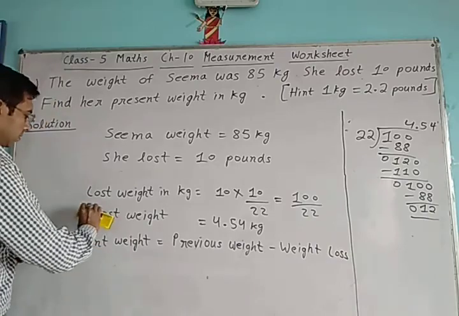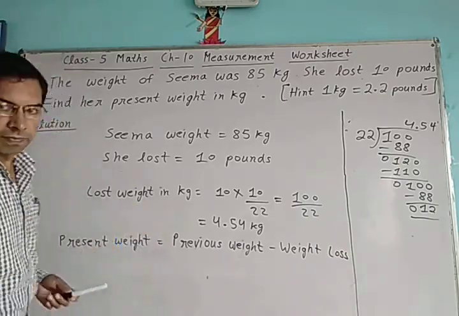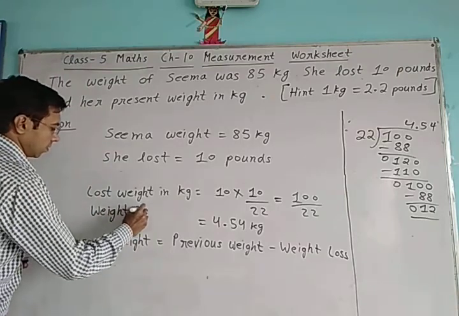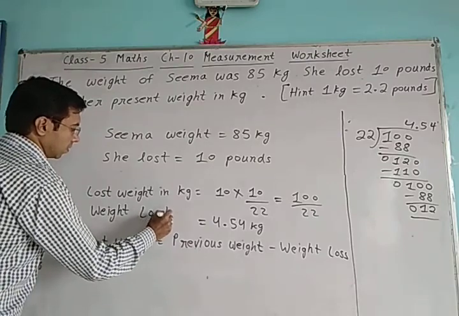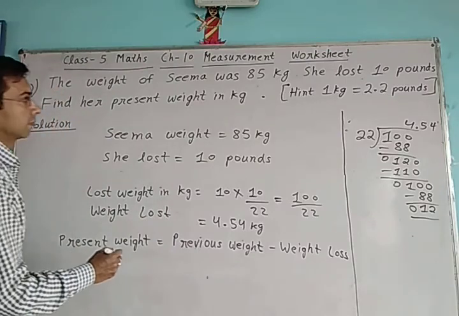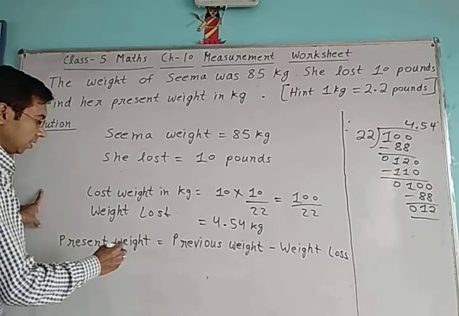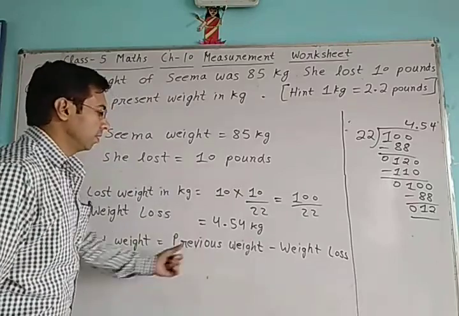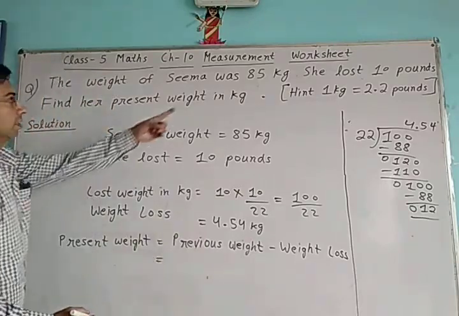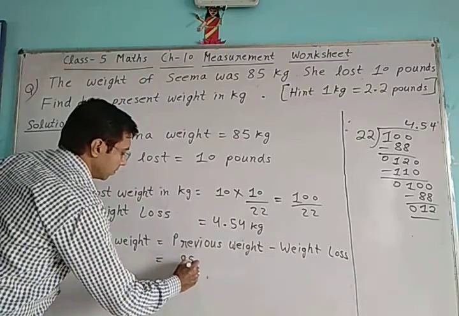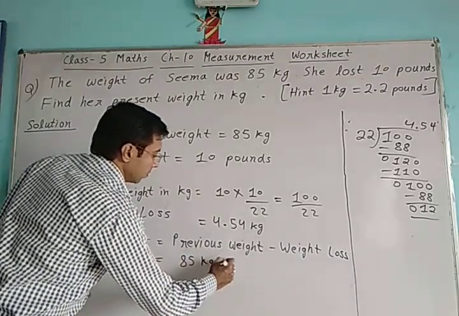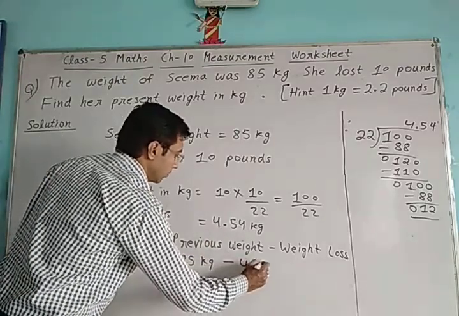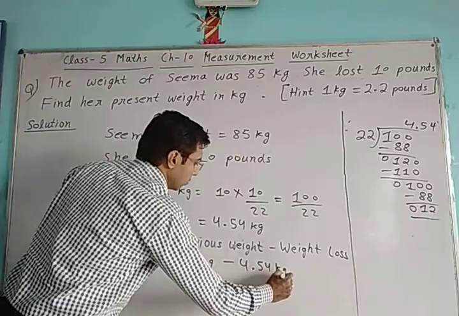Present weight is previous weight minus weight loss. Previous weight 85 kilogram minus weight loss 4.54 kilogram.